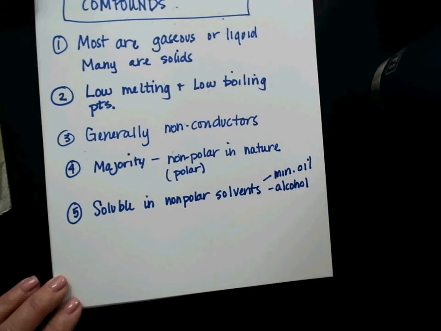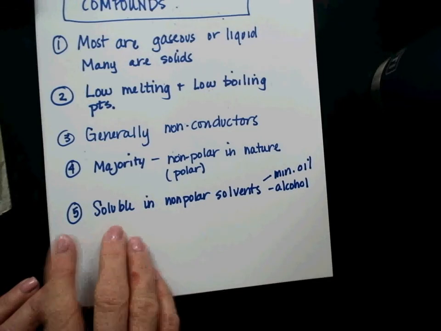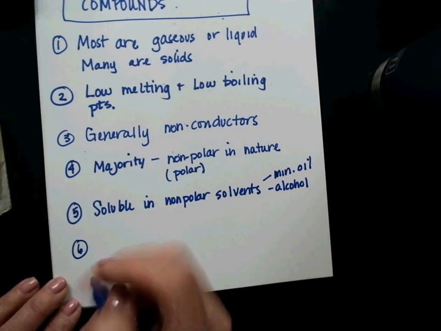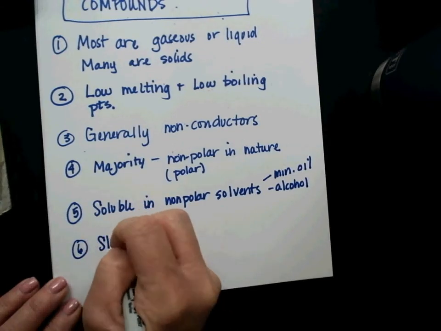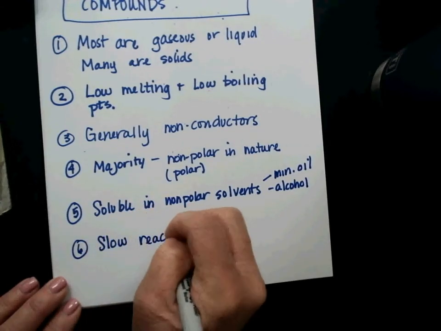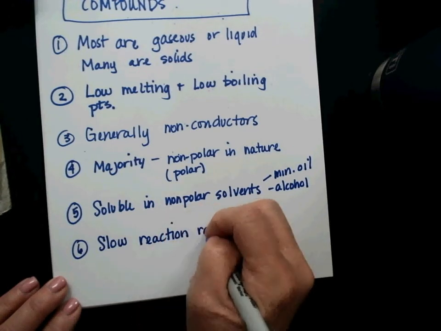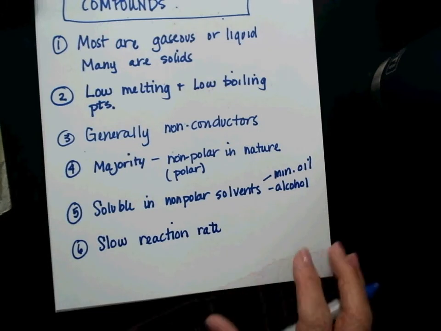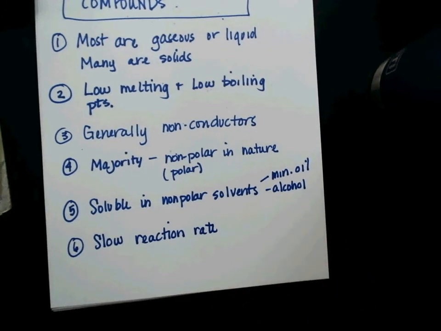The other interesting thing about these covalent compounds, and I want you to think about this and see if you could explain why, is that they have a slow reaction rate, much slower than ionic compounds. What do ionic compounds have when I want a reaction that covalent compounds don't?